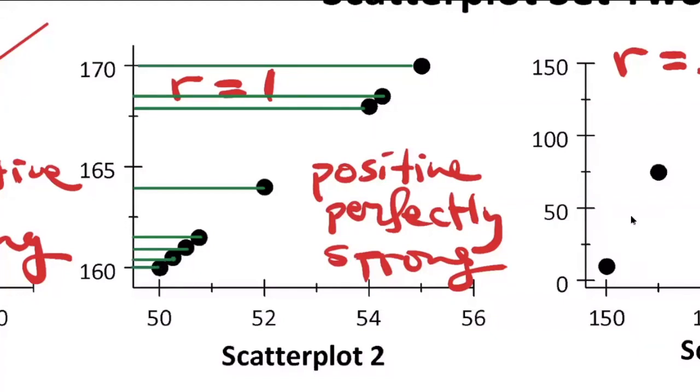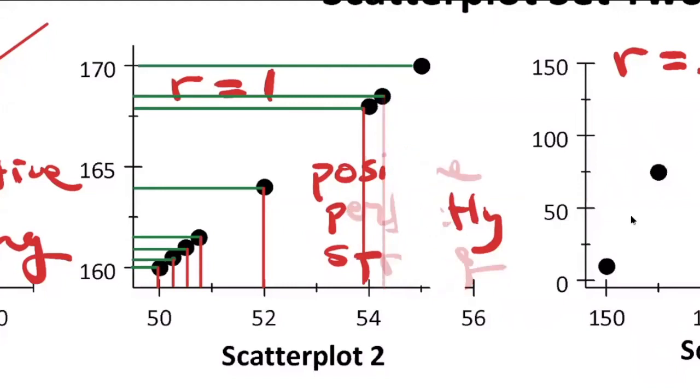Okay, and I'm going to do the x-coordinates in red. Oh, that's not red. I probably should erase all these words that have gone on here, so let me clear this up a little bit.